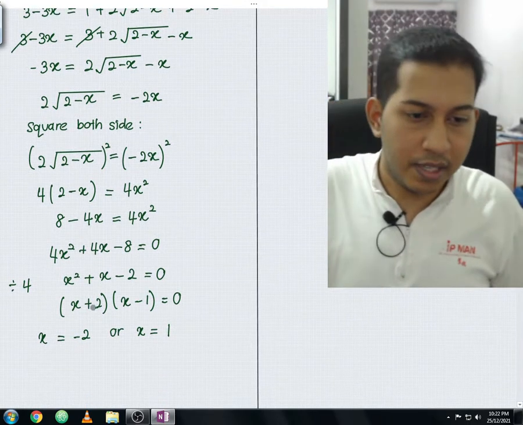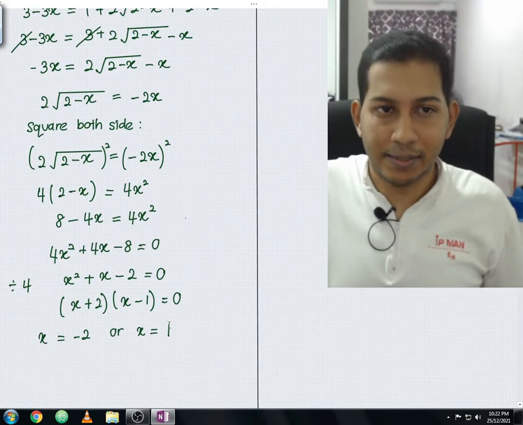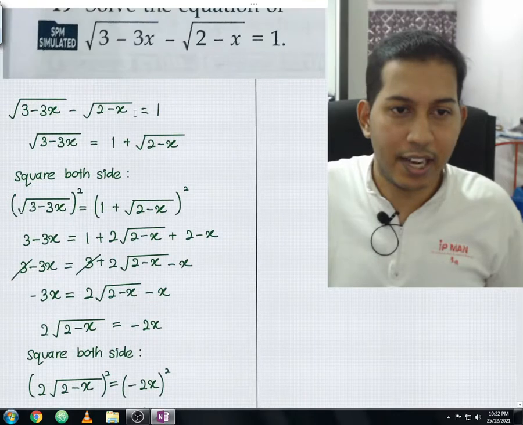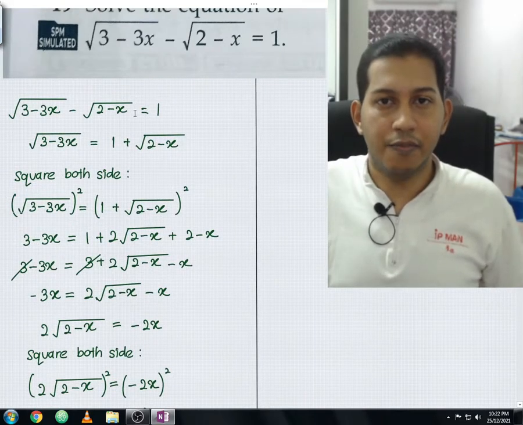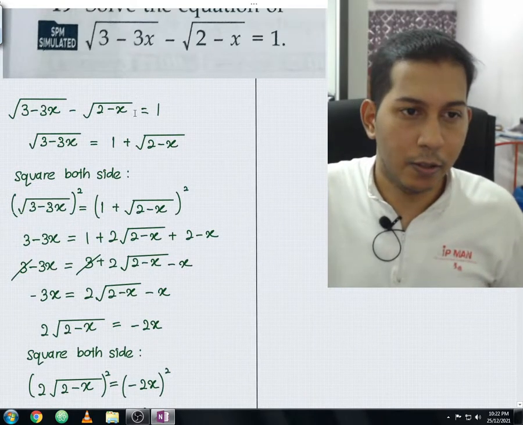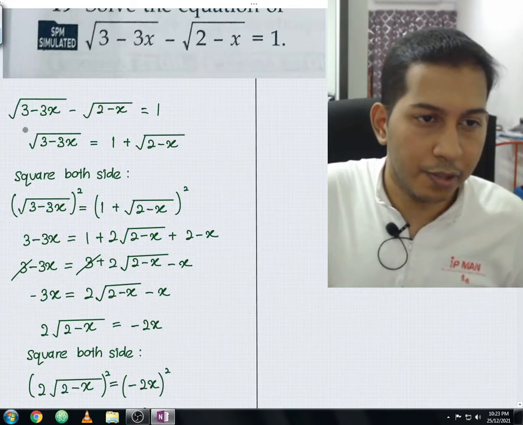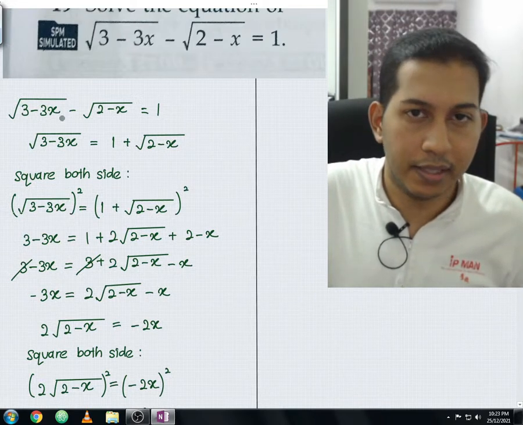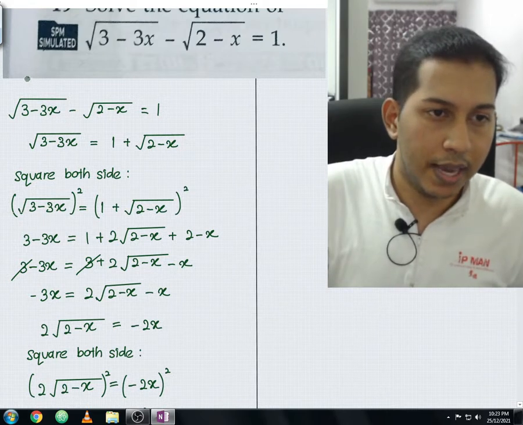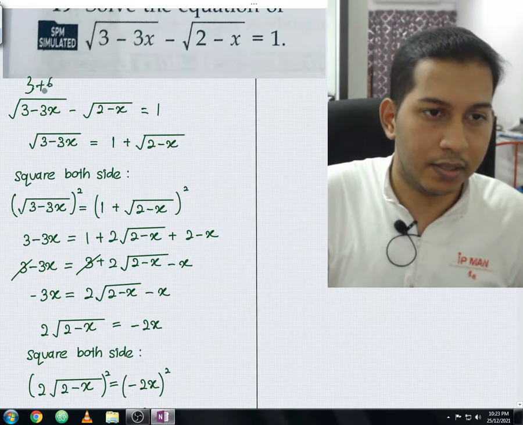We're going to use these x values and substitute into this equation and check whether the answer is valid or not. The first x value we get is negative 2. From here, 3 minus 3 in a bracket negative 2, so you get 3 plus 6.